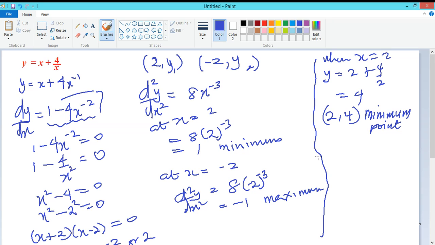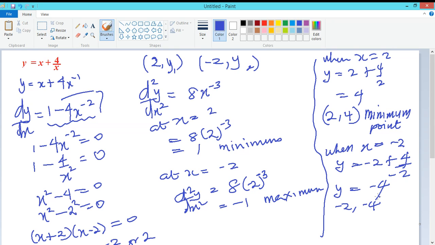Okay, then when x is equal to negative 2, y is equal to negative 2 plus 4 over negative 2, and that becomes negative 4. So I have negative 2, negative 4 as my maximum point. Good.